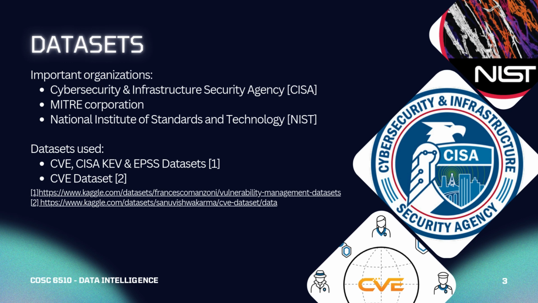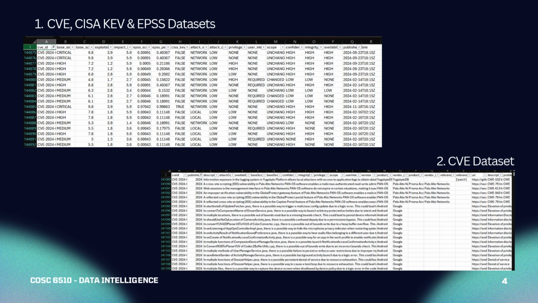Moving on, the datasets that I will be using for this project are both from Kaggle, although they are compiled datasets from the public repositories developed by NIST, MITRE, and CISA. The two datasets that I will be using both are CVE records.